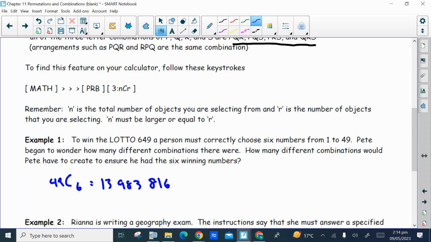Sometimes the lotto gets up over 20 million, 30 million, 50 million. Lotto Max, you have to choose 7, so there's more combinations, but Lotto 649 has gotten up over this amount.